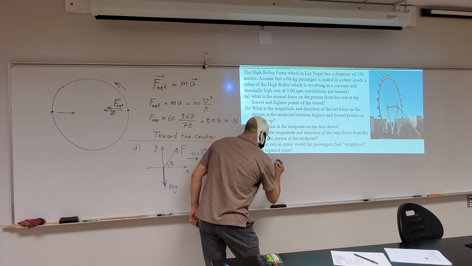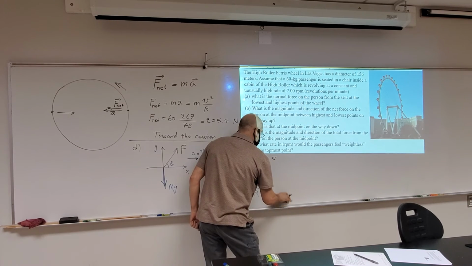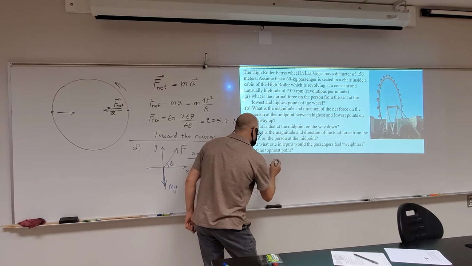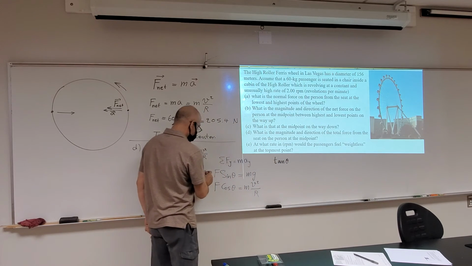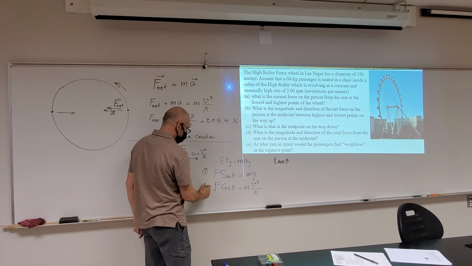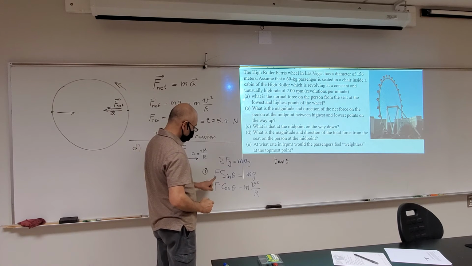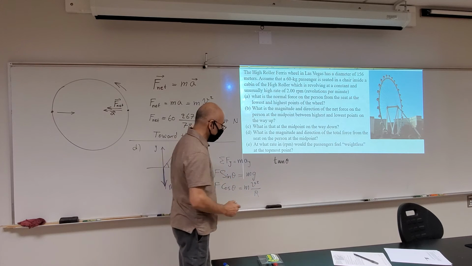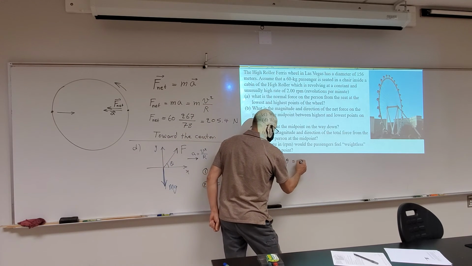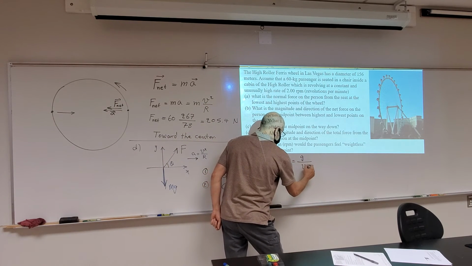So tan theta, if you divide equation 1 by equation 2: F cancels, m cancels, and you get g over v squared over r.